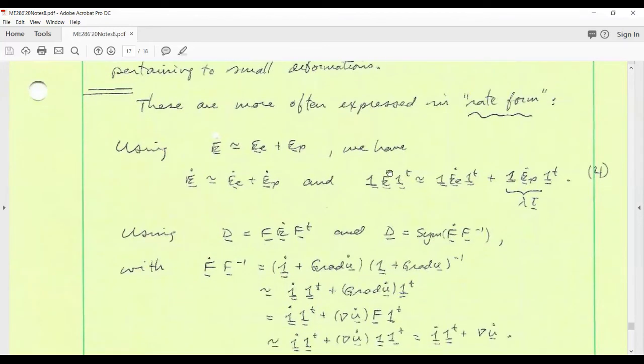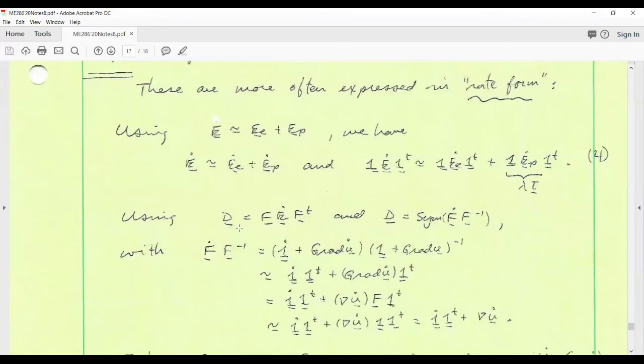Well, let's look at the left-hand side first. You can see that that's approximately the same as the exact rate of deformation tensor. You can work out for yourselves that the symmetric part of the spatial velocity gradient, which is F dot F inverse, that's L, the symmetric part of that is exactly equal to the deformation gradient times E dot, material derivative of the total strain, times F transpose.